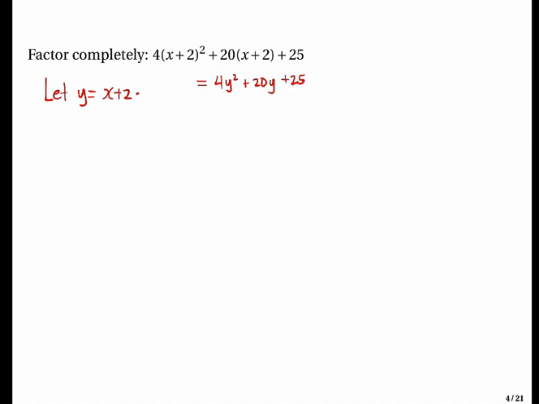So, remember the method if we have something like ax squared plus bx plus c.